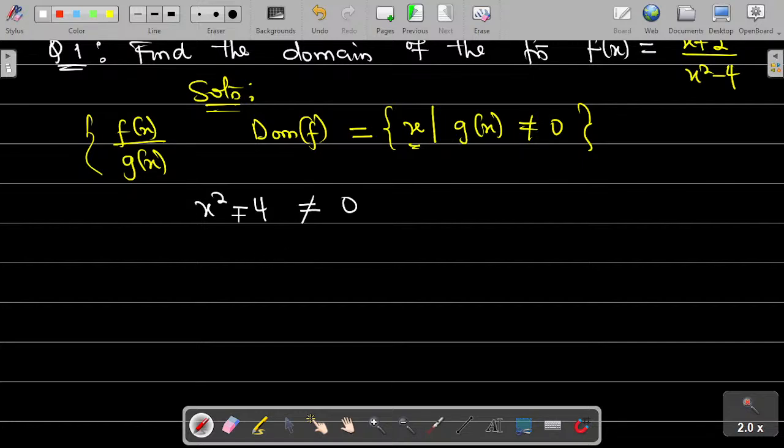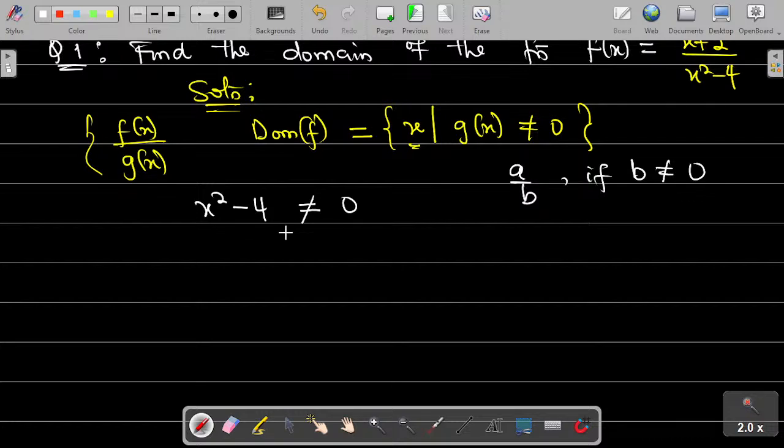So in other words, if you are given something like a over b, the a over b is going to be defined if my b is not equal to 0. Now applying that rule, you are going to state that your x squared minus 4 must not be equal to what?